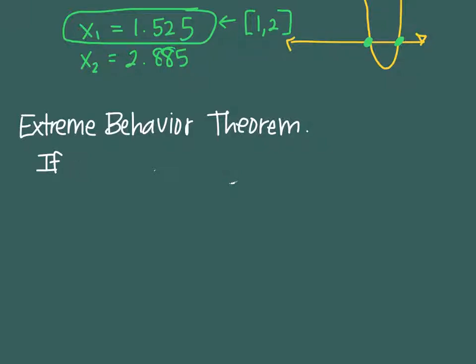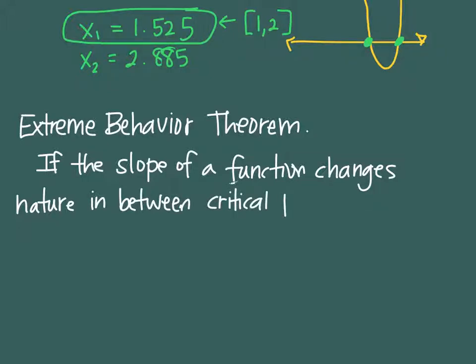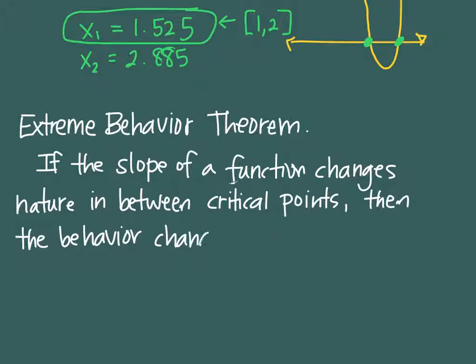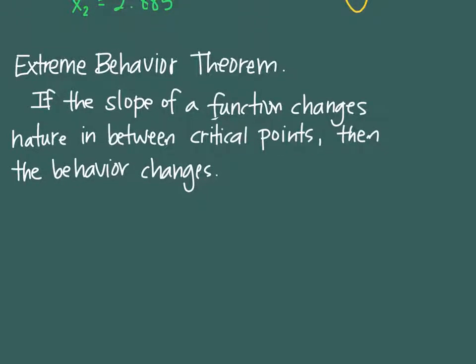I want to say if the slope of a function changes nature in between critical points, then the behavior changes. All right, so in order to understand the extreme behavior theorem, we have to know what critical points are.